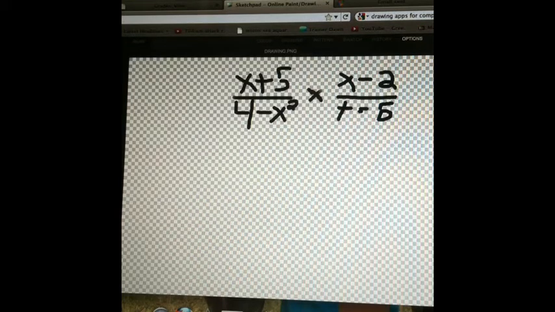Now we want to factor this one over here to make it simpler. So we're going to bring it over here and factor it out. And you can use FOIL for this for sure. So what are some factors of 4?